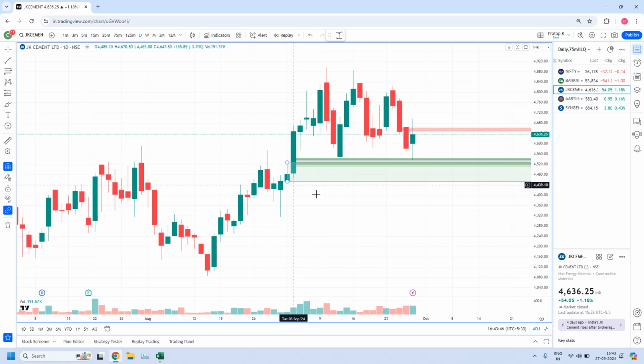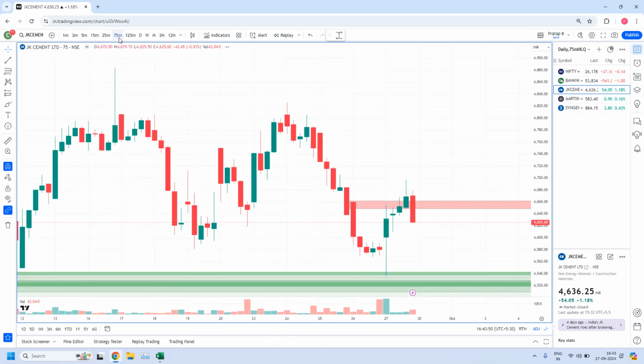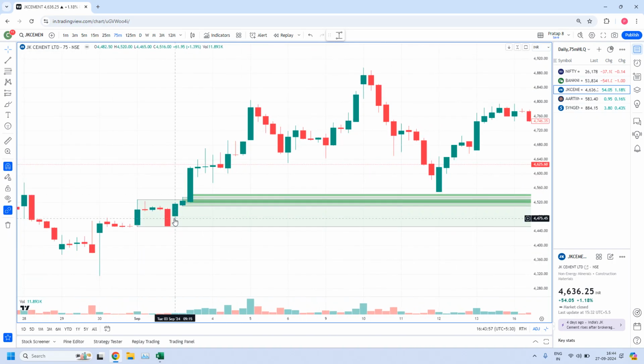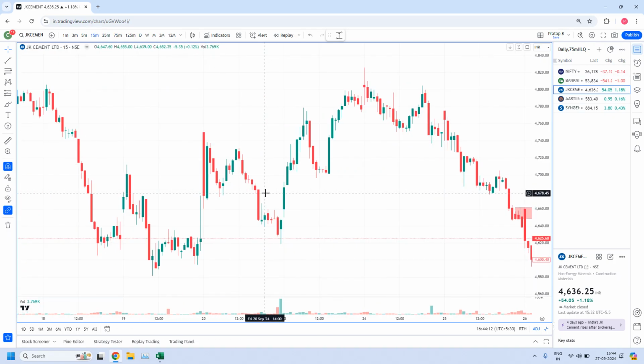And this daily zone we fine-tuned with the 75 minutes time frame. In the 75 minutes time frame, I identified a rally base rally. This is the medium size rally base rally. And within this rally base rally, again I fine-tuned with the 15 minutes time frame.